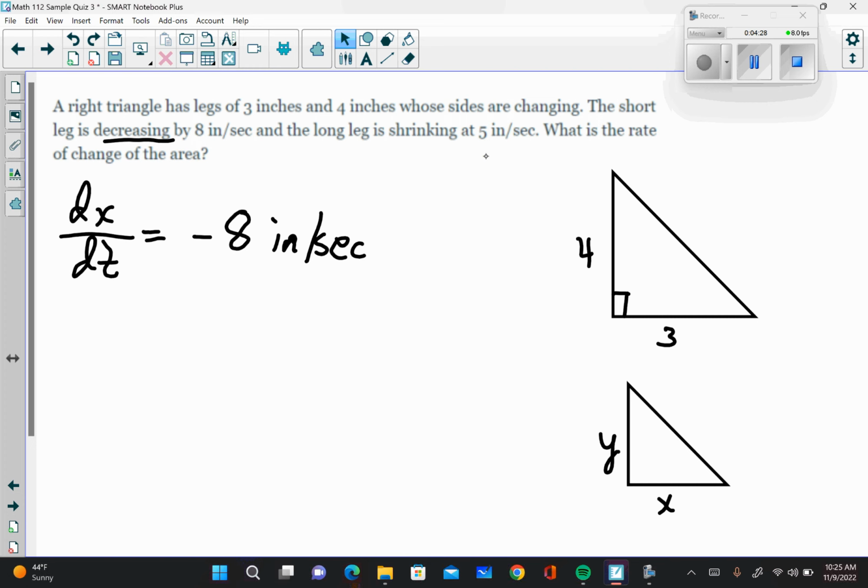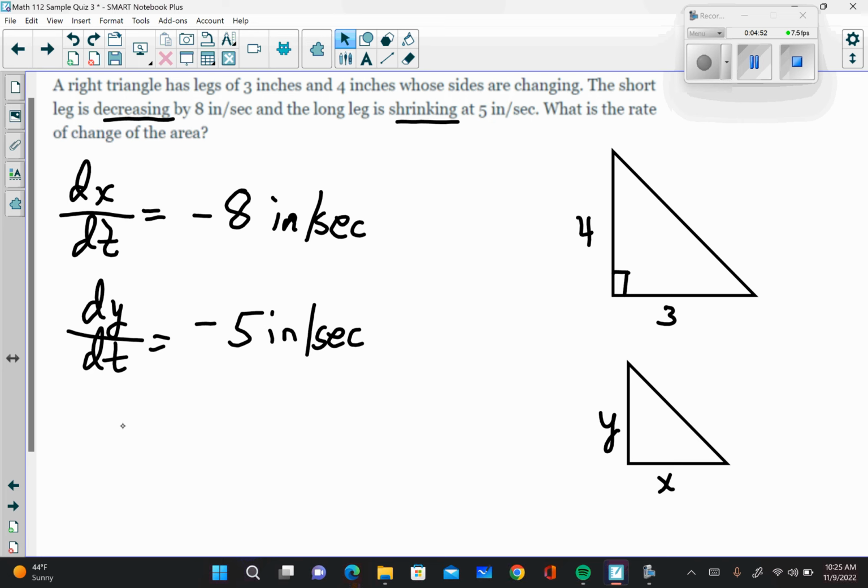The long leg is shrinking. The long leg is this vertical, 4 is longer than 3, so the derivative of this side with respect to time is 5 inches per second. But that side is also shrinking, so that's a negative. If either of the sides were growing, we would have made the derivative positive.